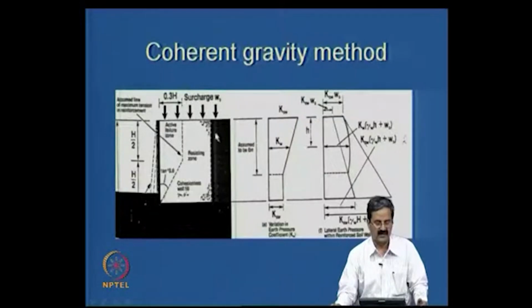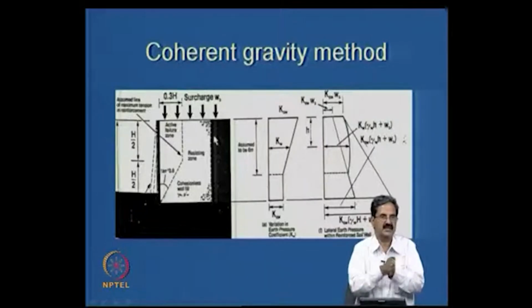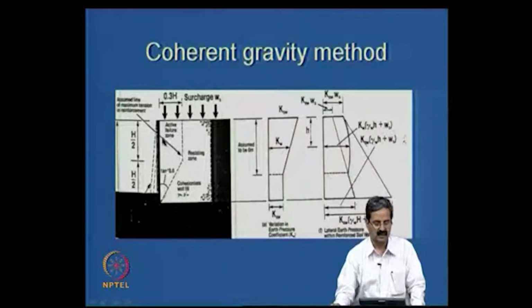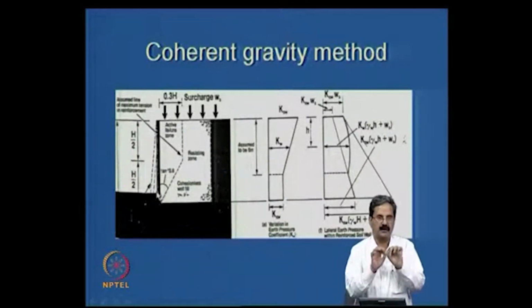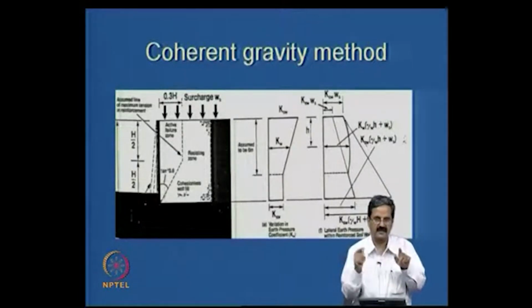Based on that, you get the shear stress distribution along this reinforcement, because this is a shear stress mobilization, right? Shear stress mobilization along the reinforcement. Based on that, you can locate the actual failure surface, because beyond this point will be one location where the shear strain distribution will be different on either side.